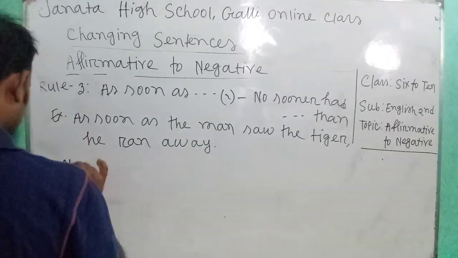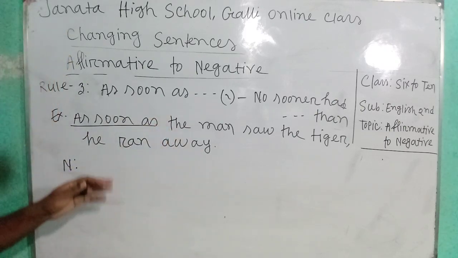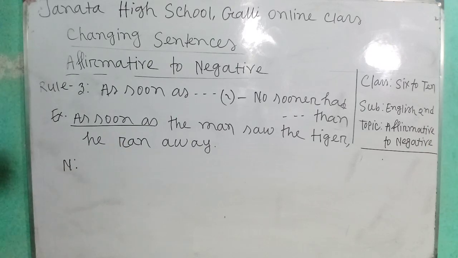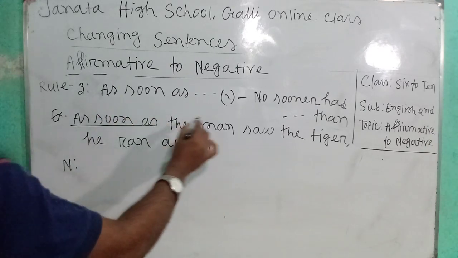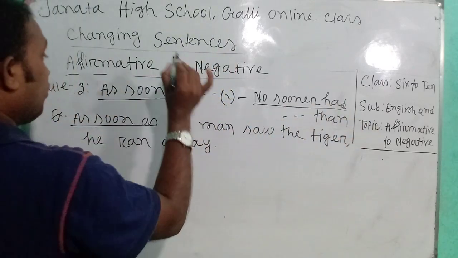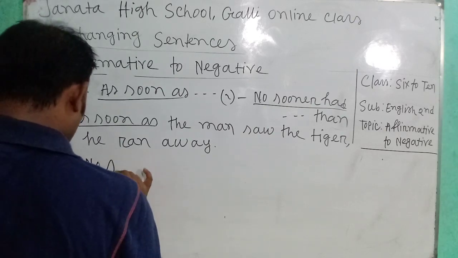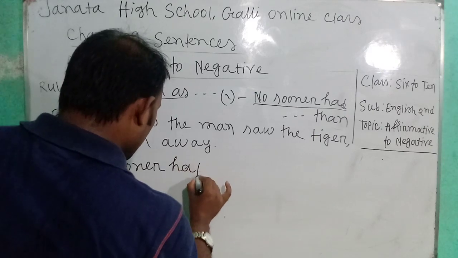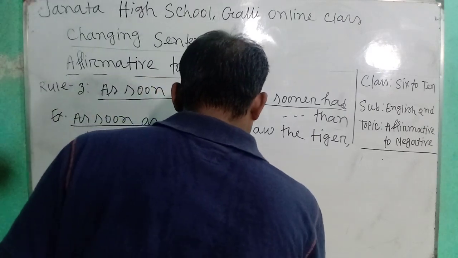Negative. As soon as: we find the phrase as soon as, so we have to use no sooner had instead of the phrase as soon as. No sooner had, then the subject, the man.